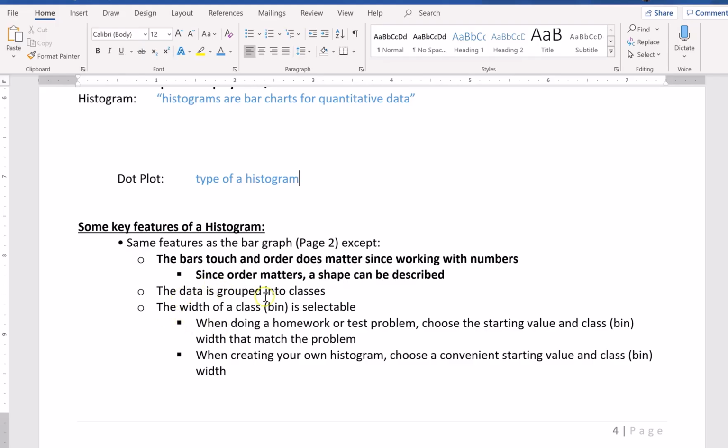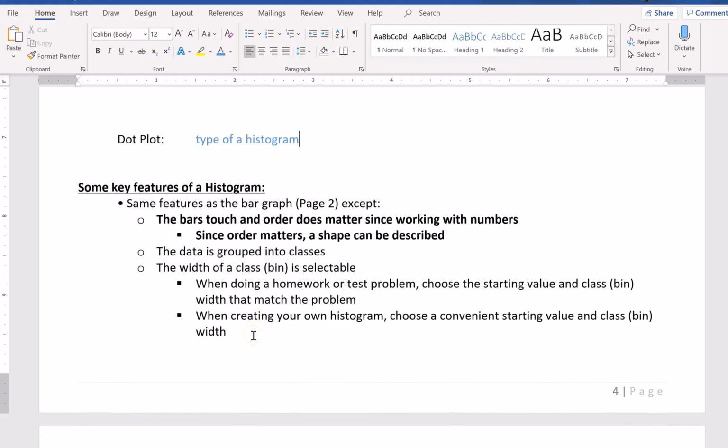The data is going to be grouped into classes. There's going to be a width of a class or bin. And when you're doing your homework or test problem, you're going to choose the starting value in the class or bin width that matched the problem. And when creating your own histogram, you're going to choose a convenient starting value and class width.